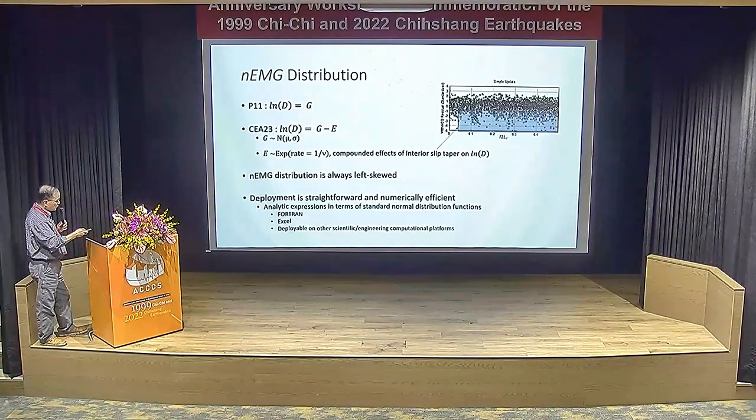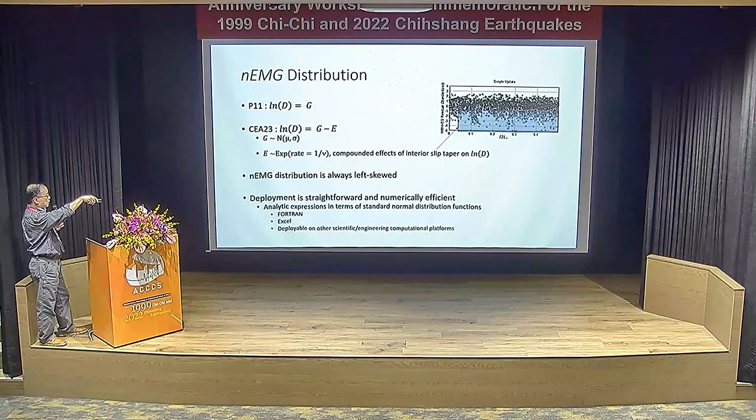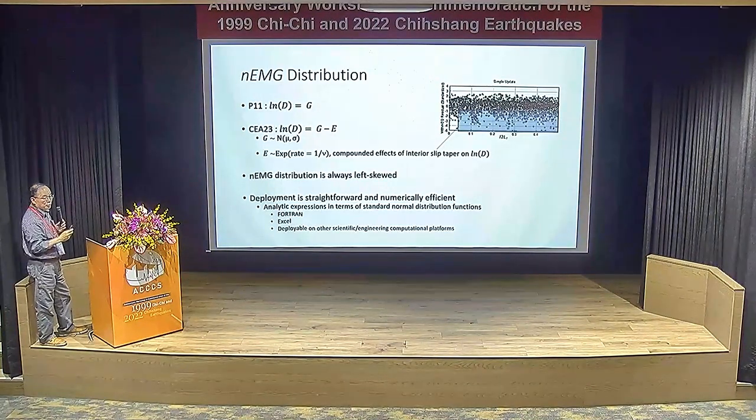So one thing about the NEMG distribution is that it's always left skewed. And another benefit of that is that the deployment is straightforward and numerically efficient. So there is an analytic expression for the CDF and PDF of the NEMG, and in that expression, only the standard normal distribution function needs to be used.